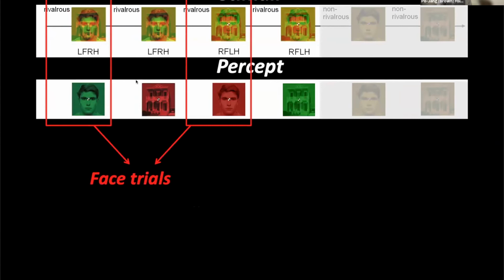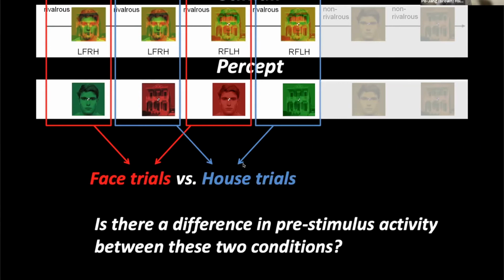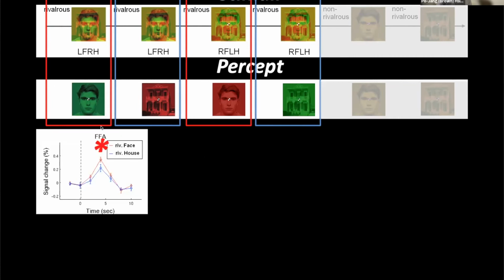And to answer this question, we did a simple analysis. We simply take those trials that are perceived as face and separate them from all other trials that are perceived as house. And we analyze whether there's a difference in pre-stimulus activity between these two conditions. This is in the FFA, and 0 is the time of the stimulus onset.